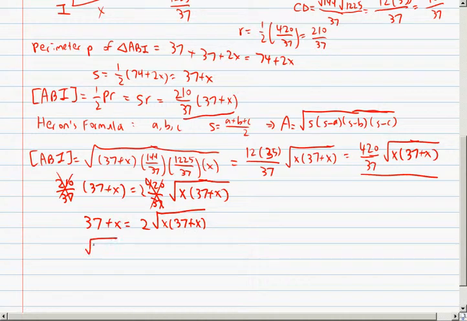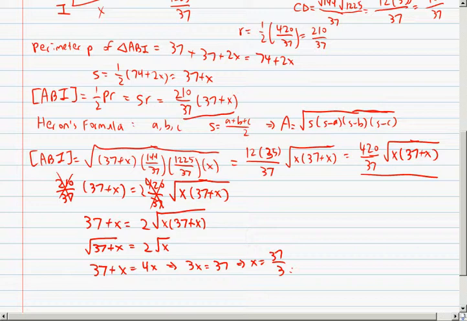And that gives us the square root of 37 plus x equal to 2 times the square root of x. Squaring both sides, we have 37 plus x equal to 4 times x. So that leaves us with 3x equal to 37. And so x is equal to 37 over 3.